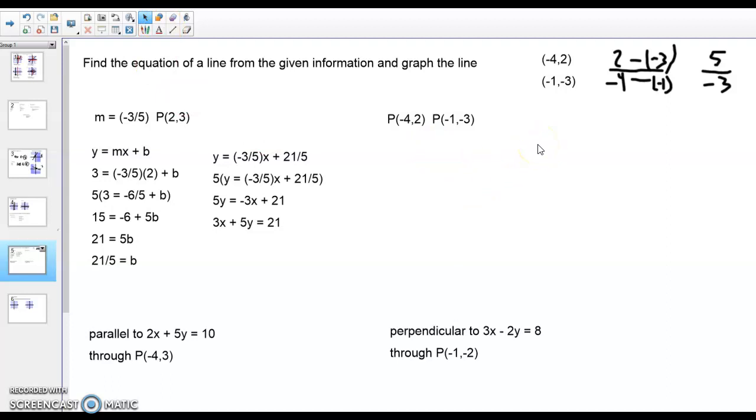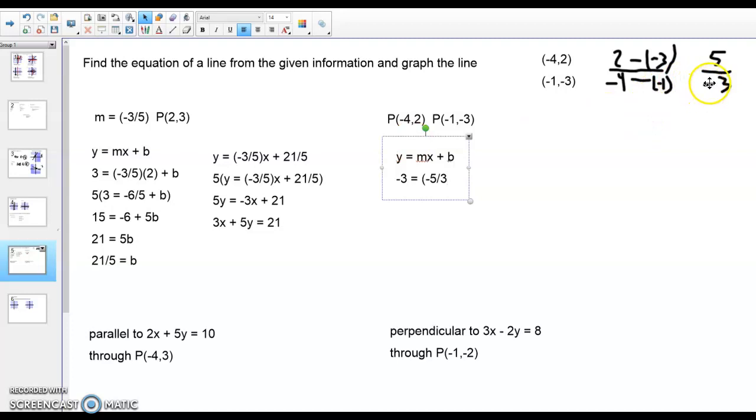And I pick a point. I'm going to use negative 1, negative 3 as my point. So negative 3, and we'll put the y equals mx plus b form down to start with. Alright, negative 3 equals, I put my slope in of negative 5/3.